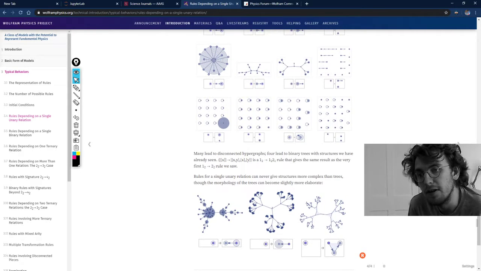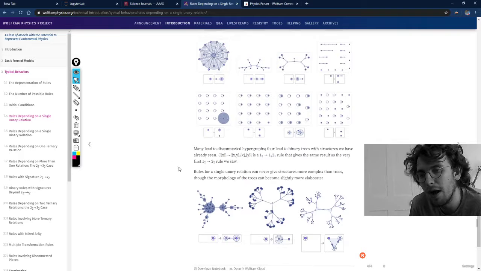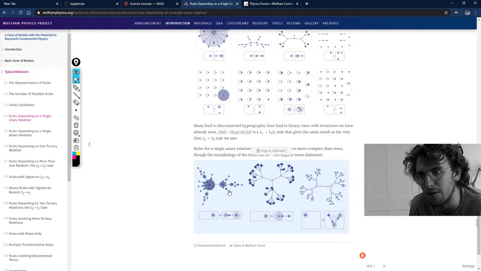Many of these are disconnected hypergraphs. Wow, that's what you get with that? That's very Mandelbrot, isn't it? This is just a quaternary graph. We always have that first step, which is ugly. No, sorry, a trinary graph. So it splits 3 times at each one.